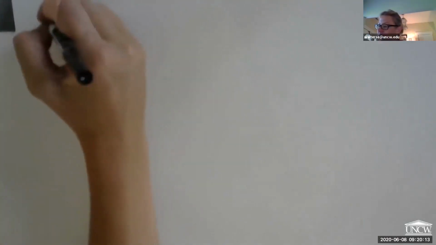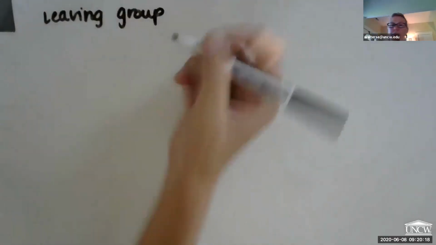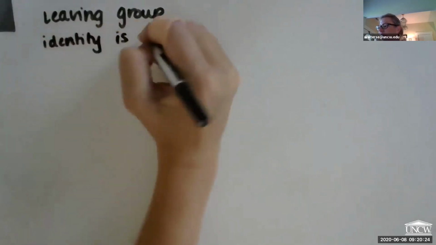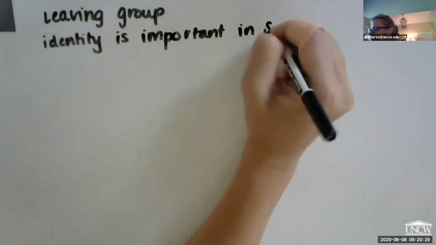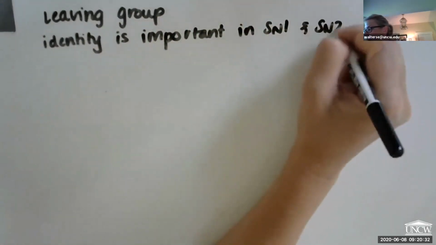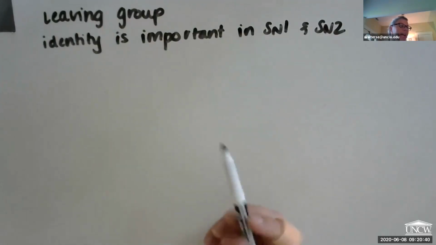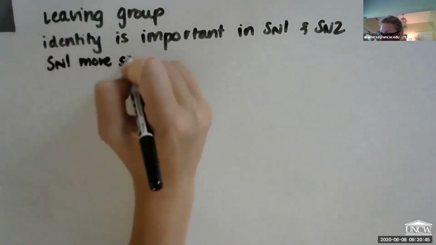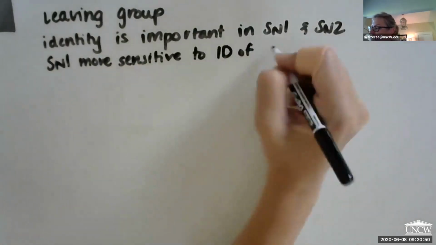Okay, so the leaving group. Okay, so the identity of the leaving group is important in both cases, in both SN1 and SN2. Because if you have a leaving group that won't leave, neither reaction is possible. SN1 reactions are a little bit more sensitive to the identity of the leaving group.